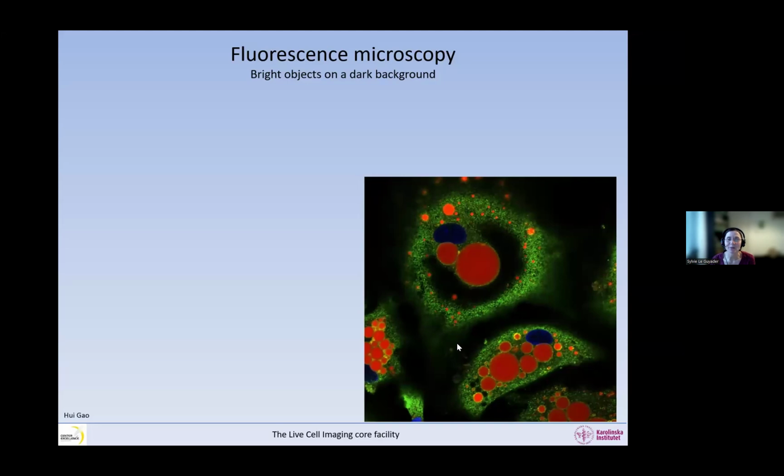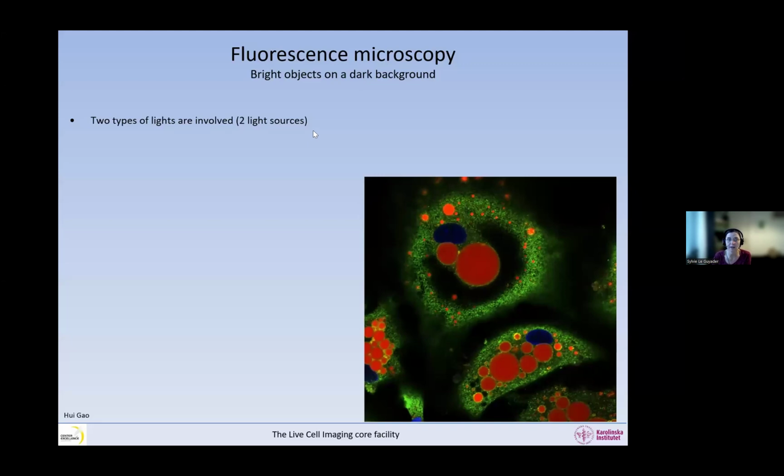Okay, so now we're going to talk about fluorescence microscopy. And one of the advantages of fluorescence microscopy is the contrast. So this time we have bright objects on a dark background. And in fluorescence microscopy, we spoke about it yesterday, we always have two lights involved. So there are two light sources. So we have the excitation light and the emission light.